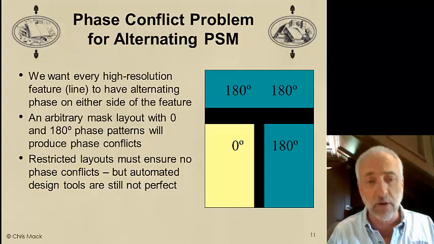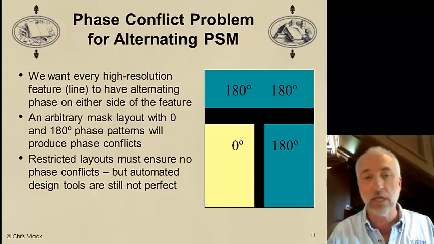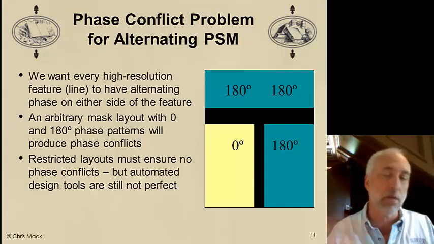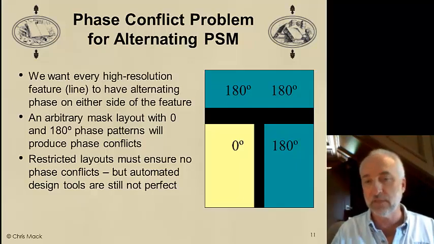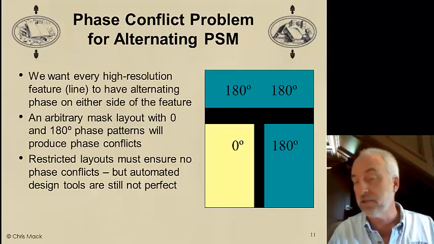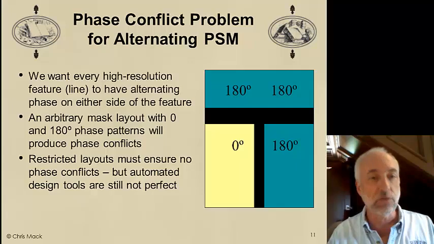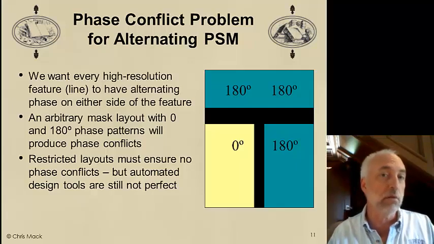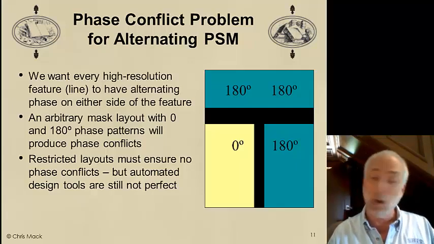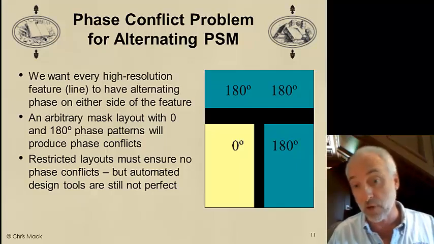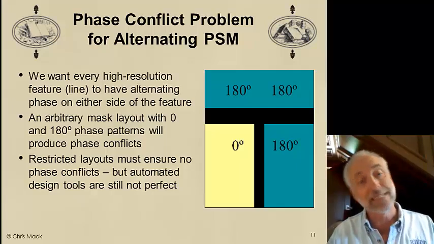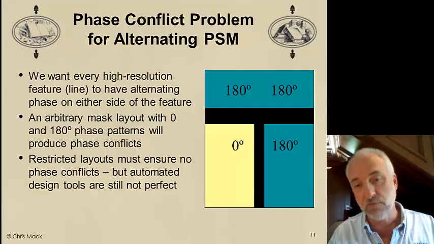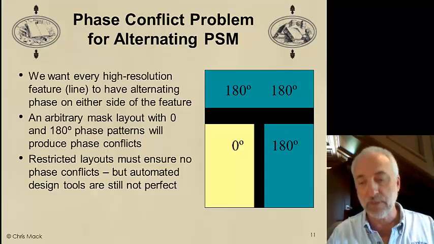We're still trying to figure out how to make that work, to create design tools that can automatically ensure that we never have these phase conflicts. And they're not perfect yet. For that reason, we have found that alternating phase shifting masks, while it has many advantages over off-axis illumination, still is not used as frequently because of this phase conflict problem.